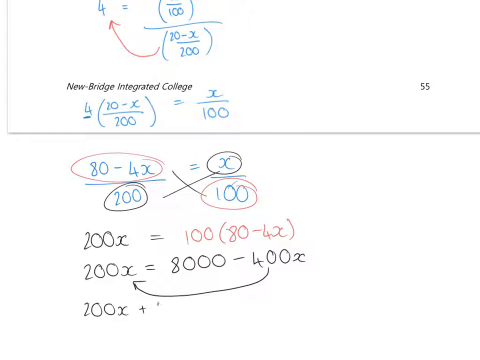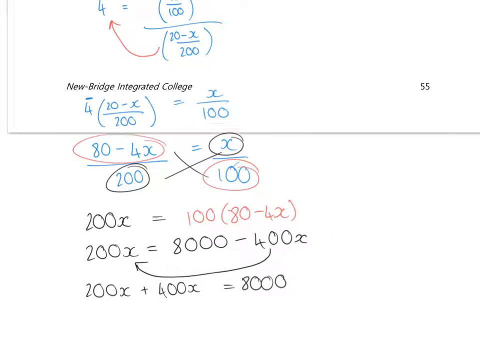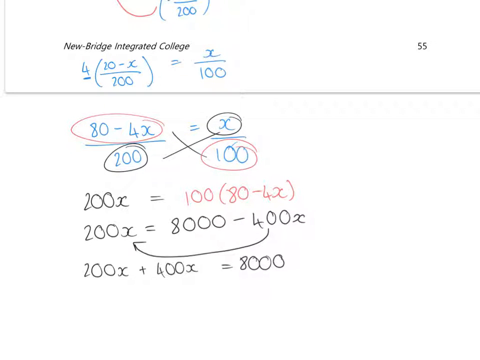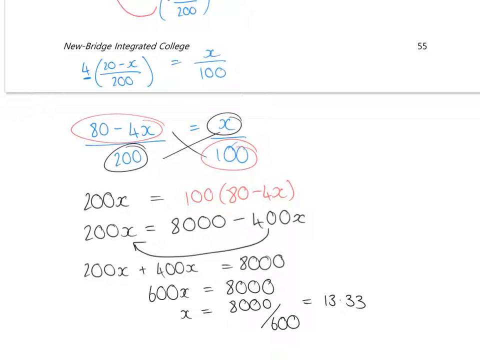So 200x plus 400x is equal to 8,000. 600x then is equal to 8,000, and so x is 8,000 over 600, which equals 13.33.